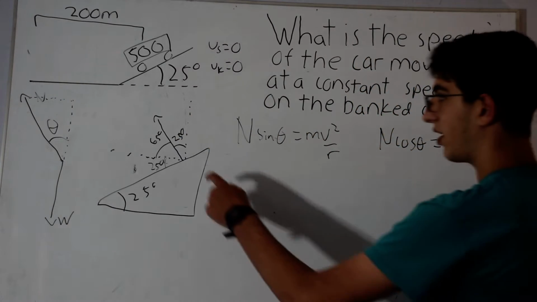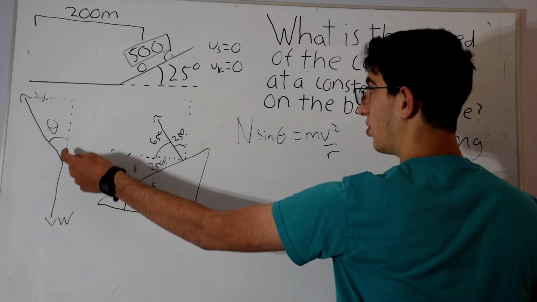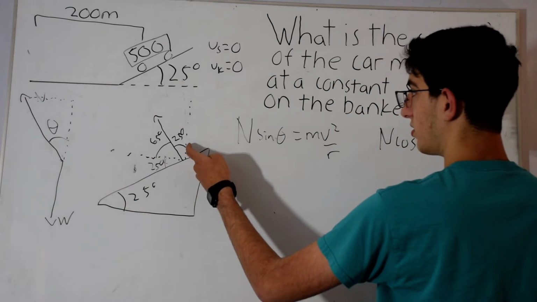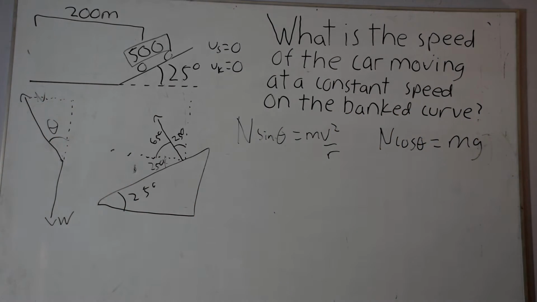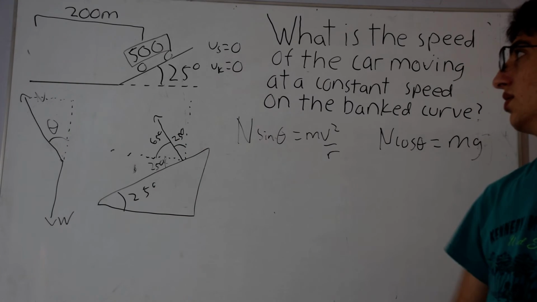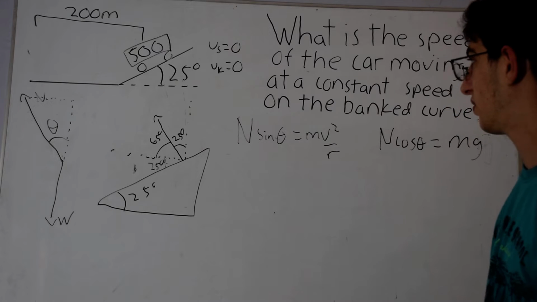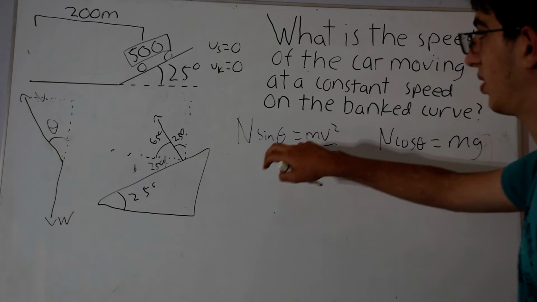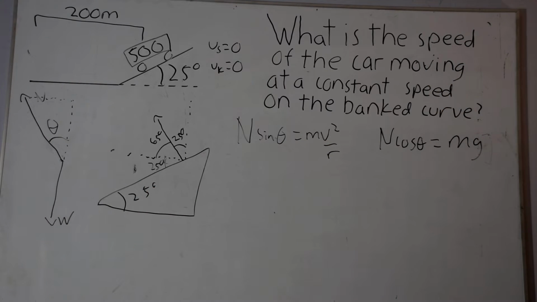And if we look at our diagram, that angle, which is from the vertical and goes to the normal force, is what we just found. So theta is 25 degrees, and it's the same degree as the inclined plane. So from now on, with these banked curve questions, you can just use the degree of the inclined plane for theta. Okay, great. So now we know what theta is, but we still don't know what the normal force is.